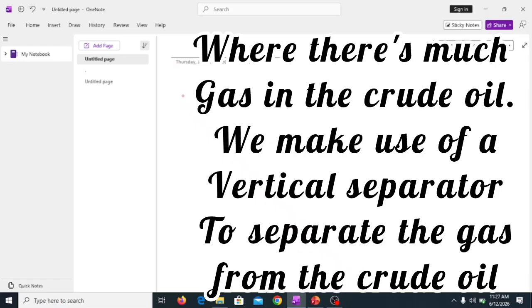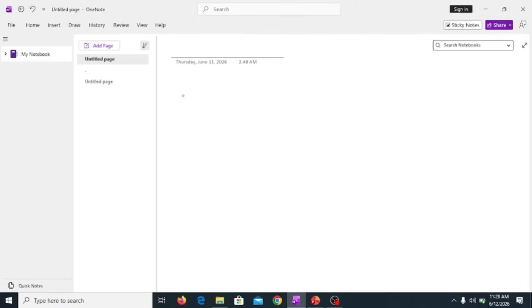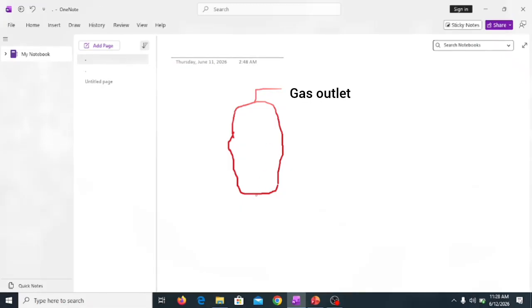It helps us release that gas because it's vertical. Let me draw the vertical separator here. For example, this is a vertical separator, and our gas outlet is here. Also, we have our liquid outlet here.